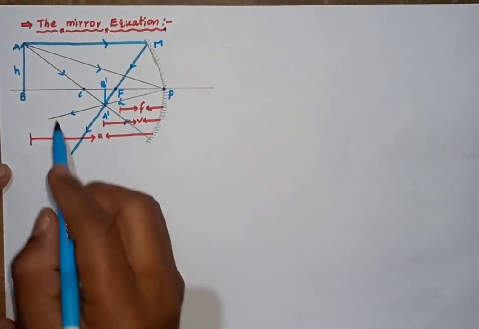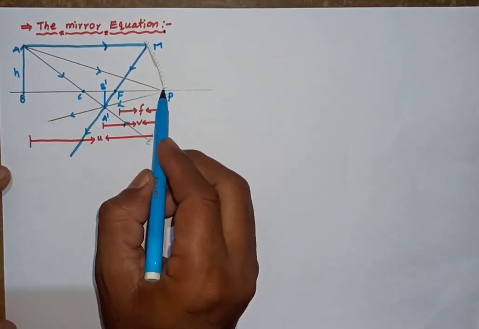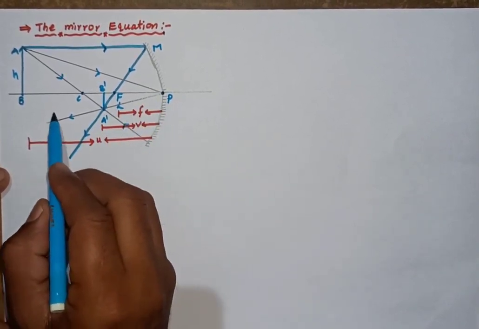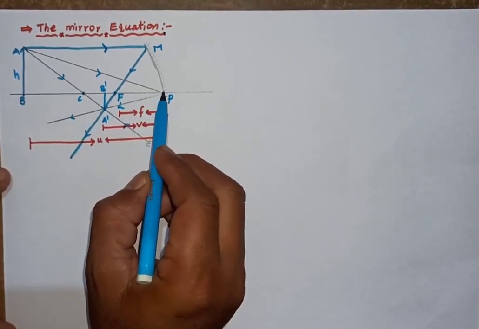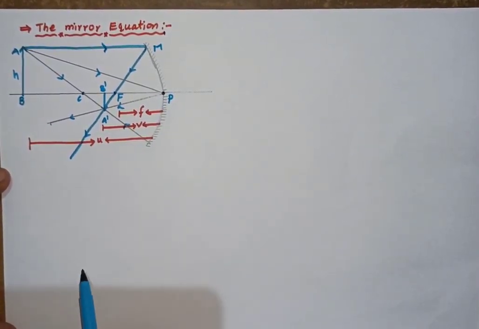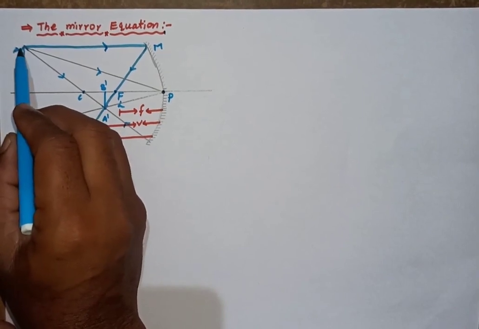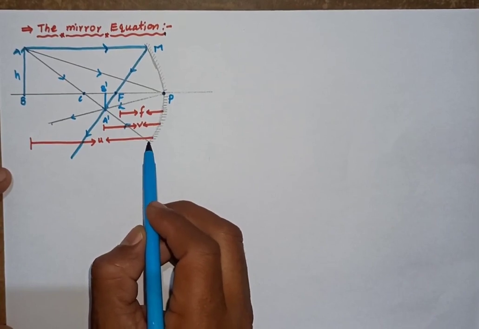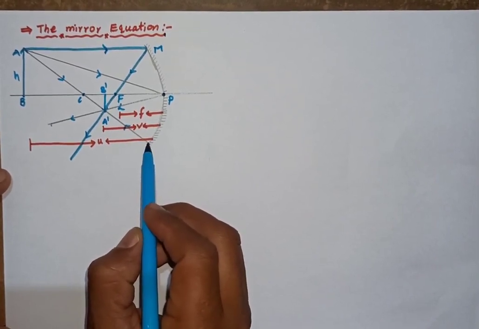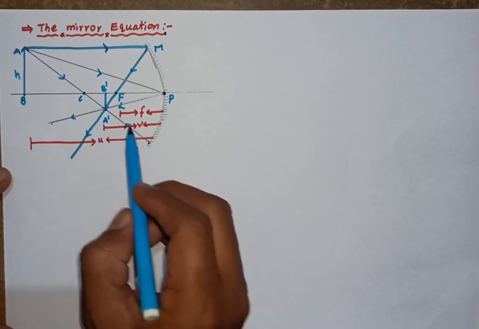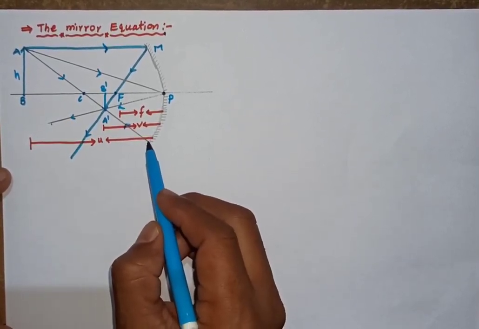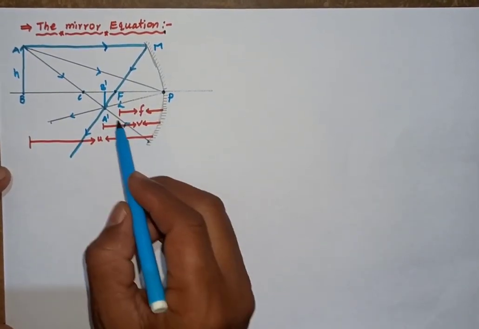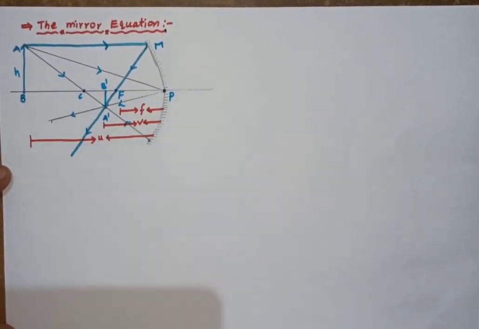The second ray is incident at the pole and is reflected back at the same angle, so the incident ray and reflected ray make the same angle. The third ray passes through the center of curvature and is reflected back along the same line in the opposite direction.